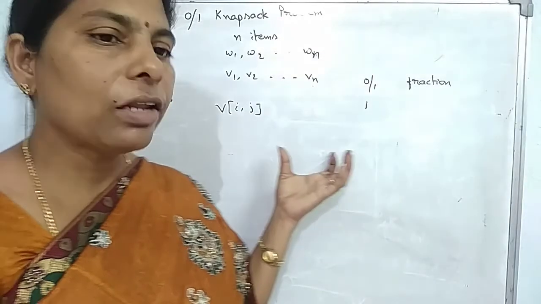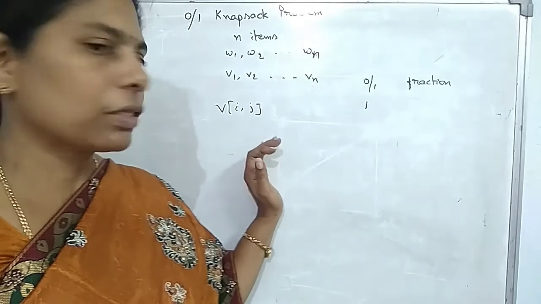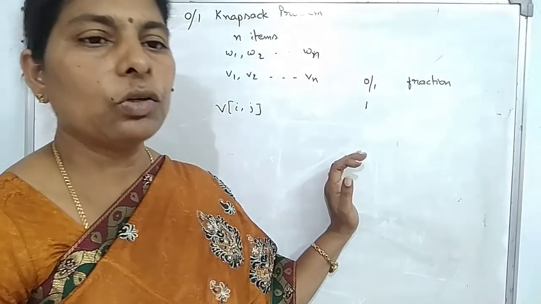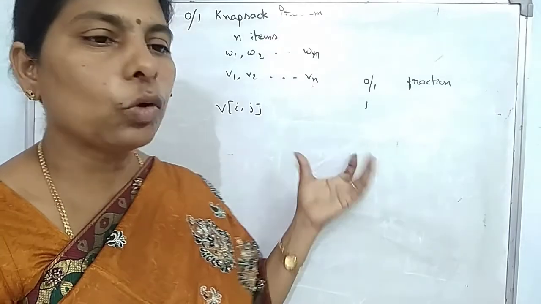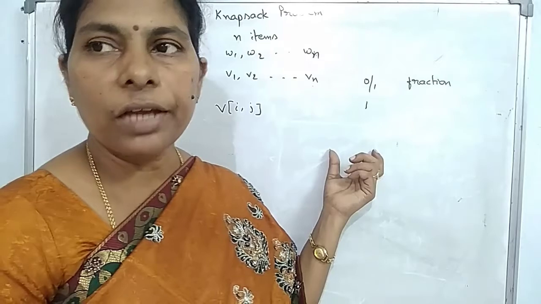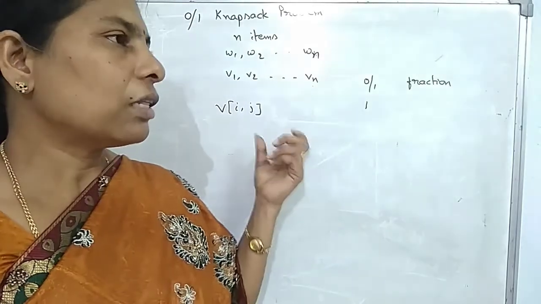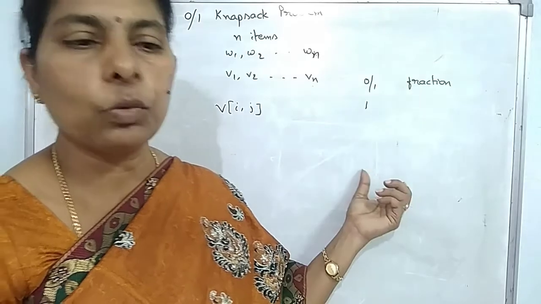We can divide all the subsets of the first i items that fit into knapsack capacity j into two categories: those that do not include the i-th item, and those that do. That means it will be included or not included.